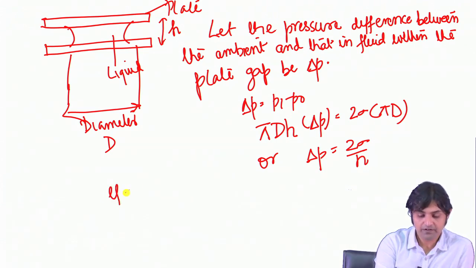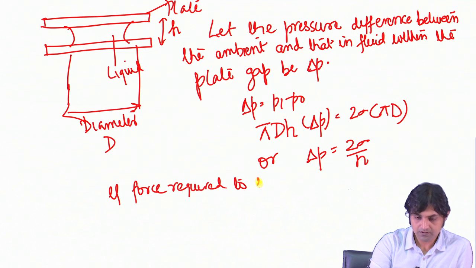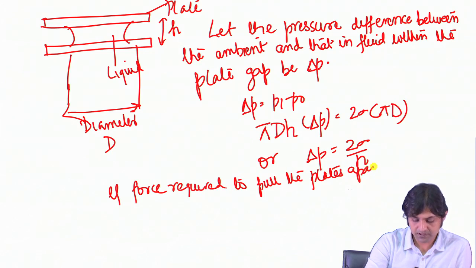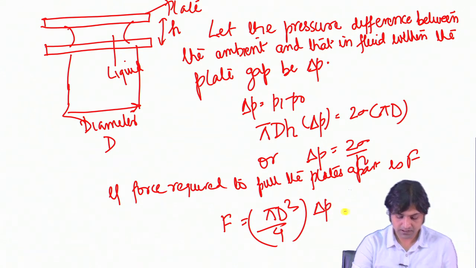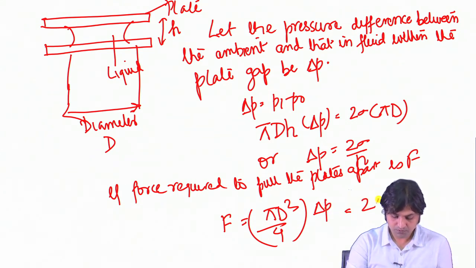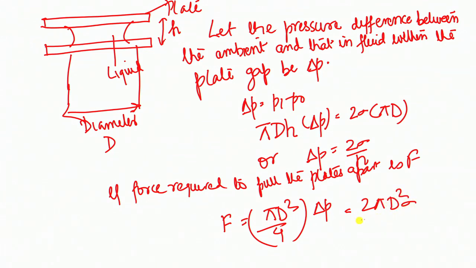So if the force required to pull the plates apart is F, F can be written as pi d square by 4 multiplied by delta P, right? And we substitute the value of delta P, or it can also be written as pi by 2 d by H sigma d.